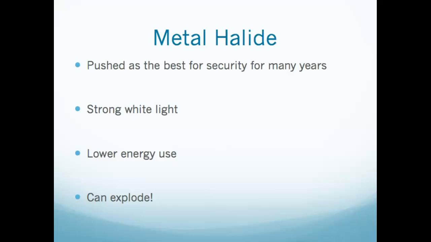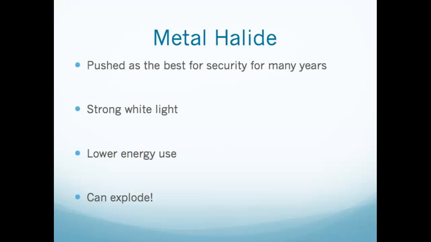The problem with metal halide is that the element inside, if you think about a standard light bulb with that metal element in it, if you look at the old light bulb with the wire inside, metal halide creates a great deal of heat, and so it warps that, and then it weakens the glass around it. And metal halide has a tendency then, after many years of use, several years of use rather, to explode. When it does, the particles that it rains down can be as high as 1800 degrees Fahrenheit.